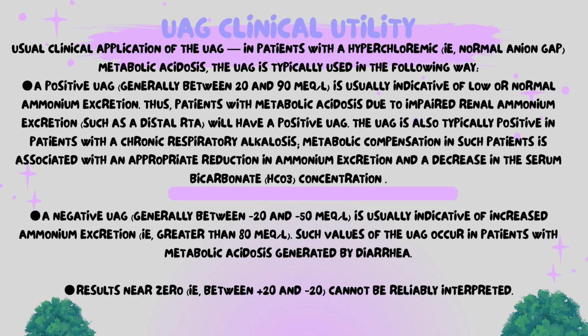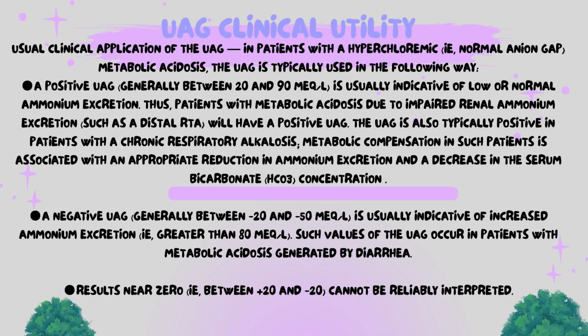This slide is to introduce the numbers involved with a positive urinary anion gap, which is usually between plus 20 and 90. So if you have a positive urinary anion gap, you expect a value to be more than plus 20. And if you have a negative urinary anion gap pathology, you generally expect a number to be lesser than minus 20.